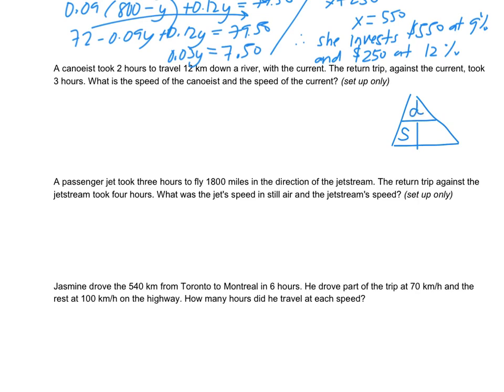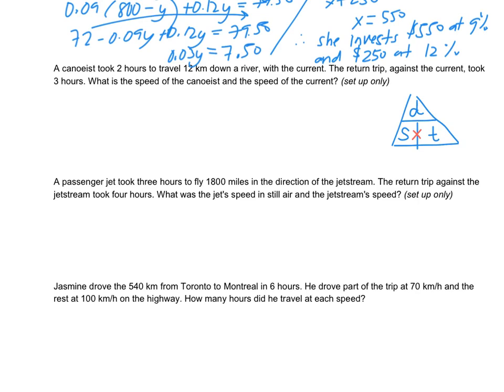So I put the distance up here and time here. And now you know what all the formulas are. The distance is speed times time. And if I want to do the speed formula, speed is distance over time, or time is distance over speed. So I have everything I need in this triangle. Now it's optional to use this. I personally don't like using it, but it's up to you.